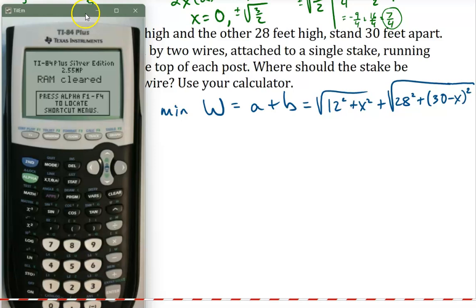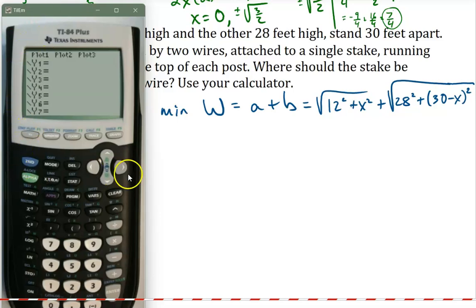Okay, now could I do the derivative by hand and then set it equal to 0 and such like we did with the can problem? I could. It's not a big deal though. So let's just go ahead and do this one on the calculator. So we're going to do the square root of 12 squared, which I'm going to put 144, plus x squared, and then outside the radical, plus the square root of 28 squared plus the quantity 30 minus x squared.